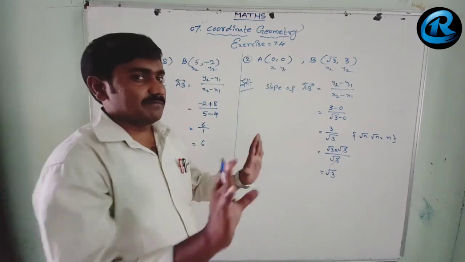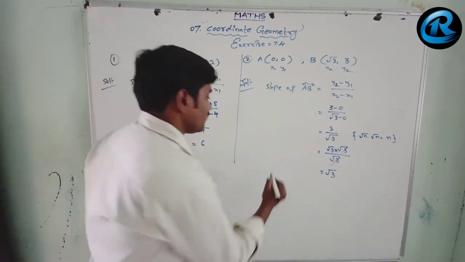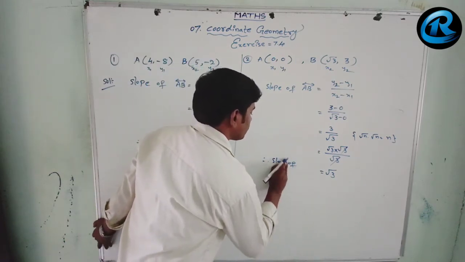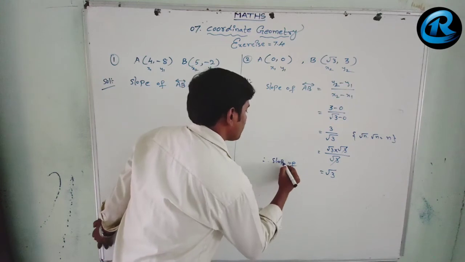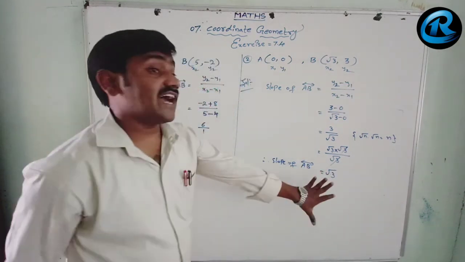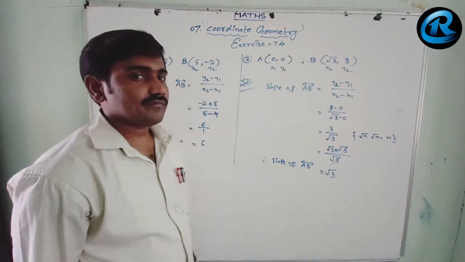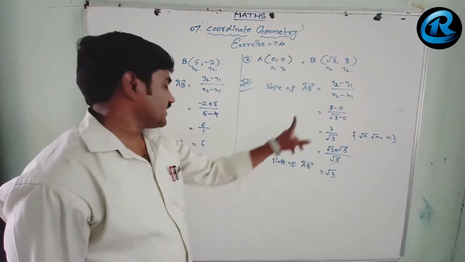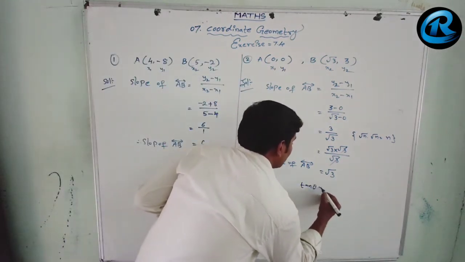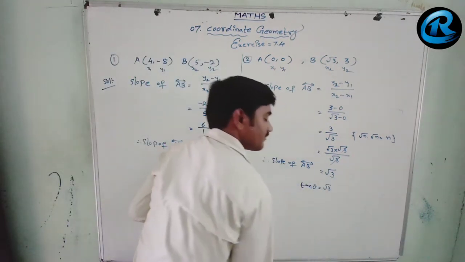Therefore the slope of line AB is equal to root 3. If at all they ask you to find the angle of this slope, what should we do? Say tan theta equals what you got, the slope root 3.